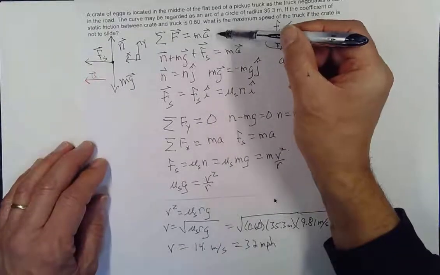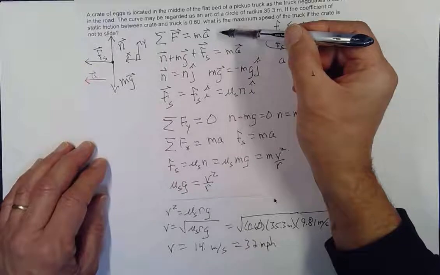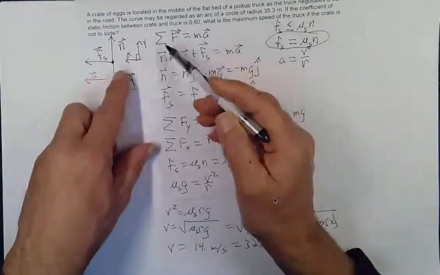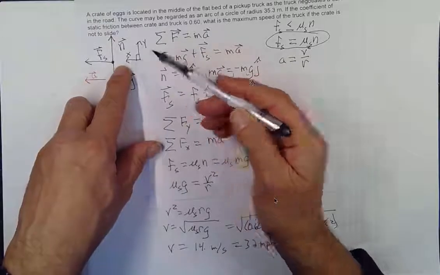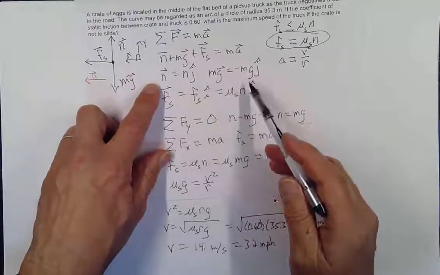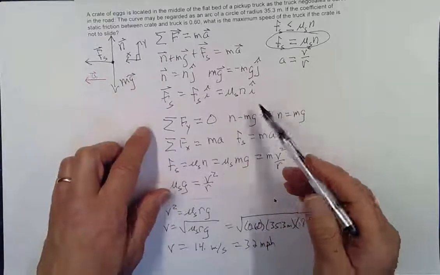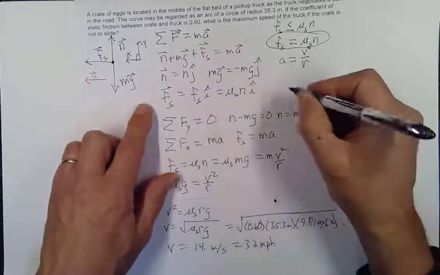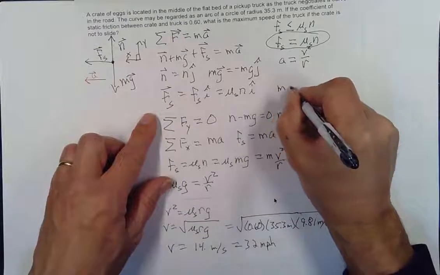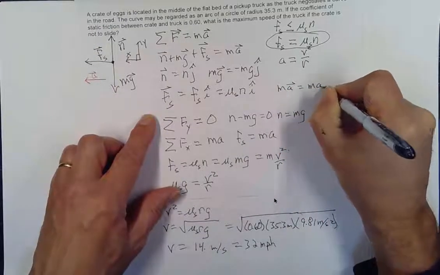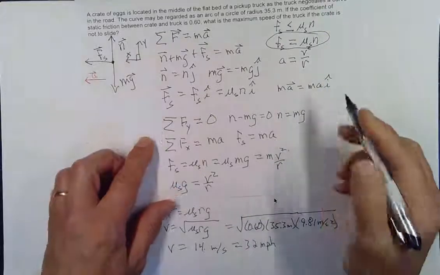Newton's second law in vector form, generic form here. And then for this particular problem, I selected a coordinate system and wrote each of the forces in terms of that coordinate system. I guess I didn't actually write the acceleration in terms of that coordinate system. That would look like this: ma equals ma in the i hat direction.